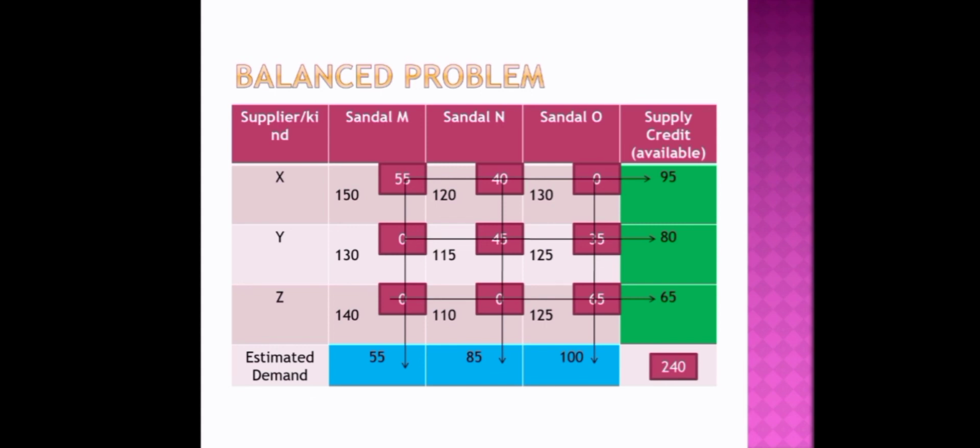Since we have already adjusted the supply and the demand to zeros, we need to get the product of each allocated quantity, and after that get the total sum of the products, and we can find the maximum profit of Mr. Suarez. These are the allocated quantities: 55, 40, 45, 35, and 65.